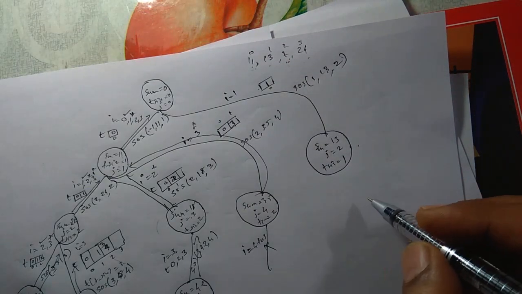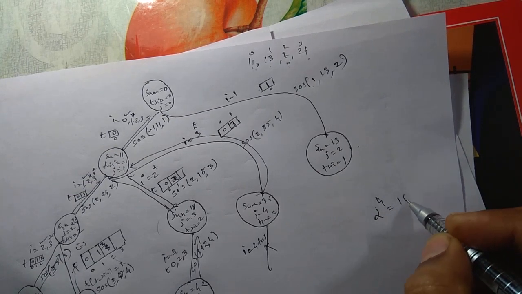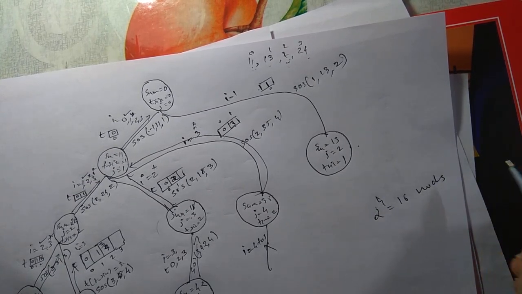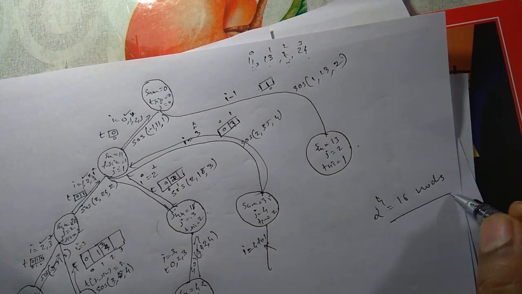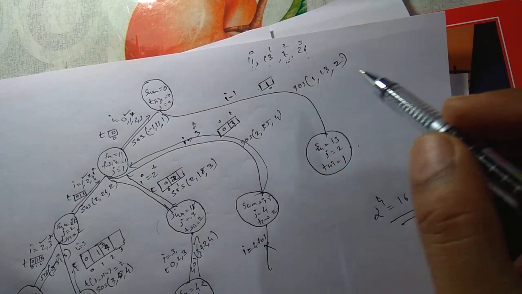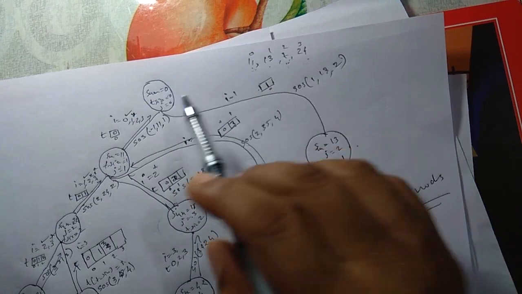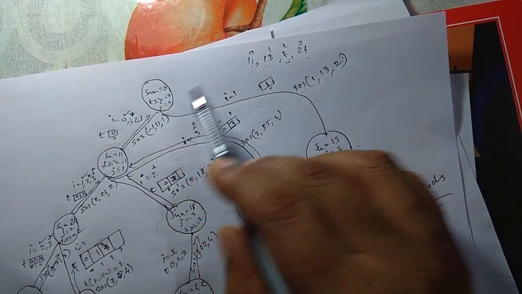It will generate 2 raised to 4 equal to 16 nodes. And see now, there are 2 more children of this node remaining to generate.